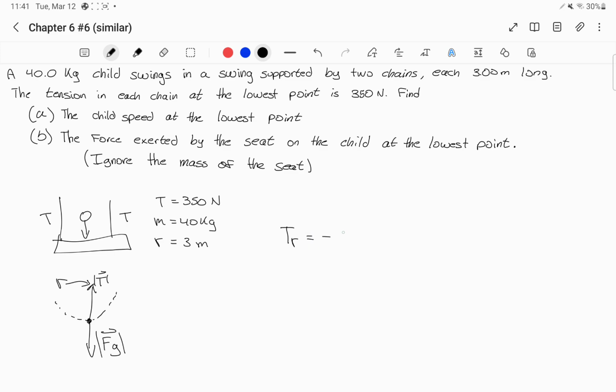So T of R is going to be negative T. And because our gravitational force is away from the center, it's going to be positive. So F of G R is equal to the magnitude of F of G.